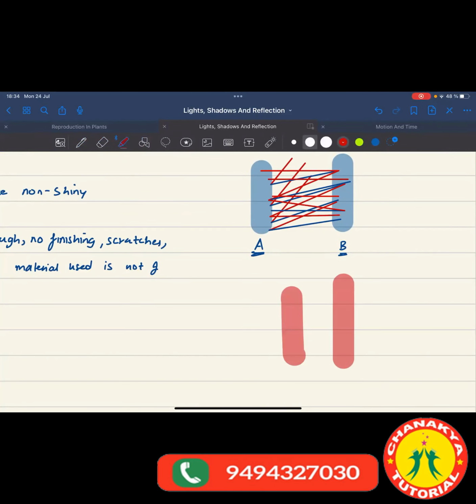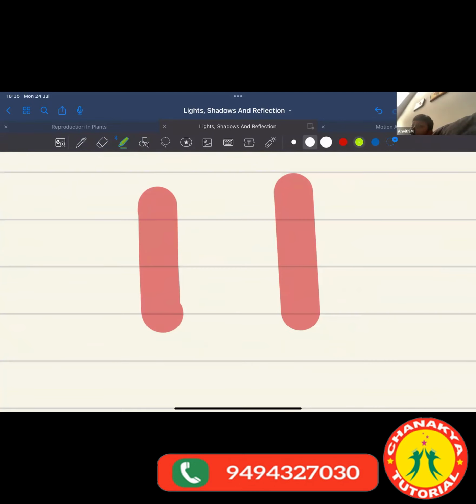What if there were four mirrors? Like if all the sides are covered with mirrors, similarly the same thing. Reflection will happen in all four mirrors. In a gym, if you go and see, they have mirrors on all sides. So that will also continuously happen. Two or more mirrors will cause multiple reflection.